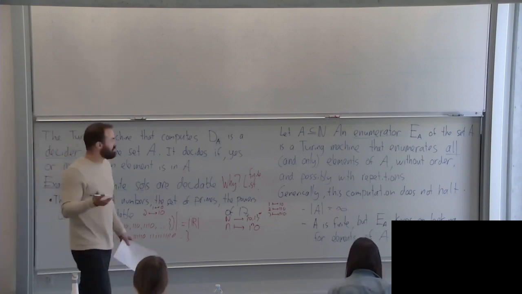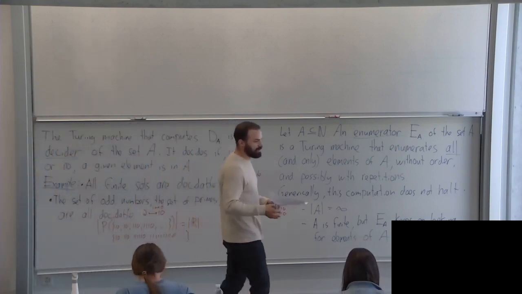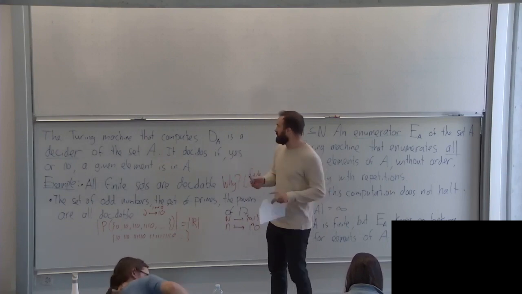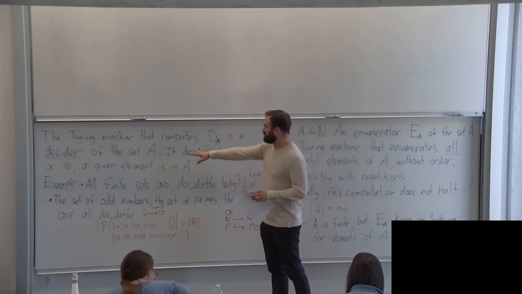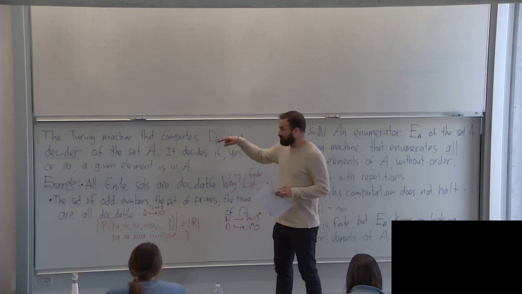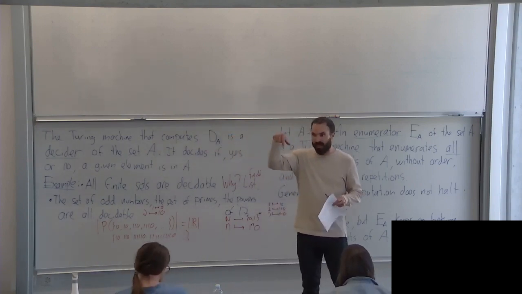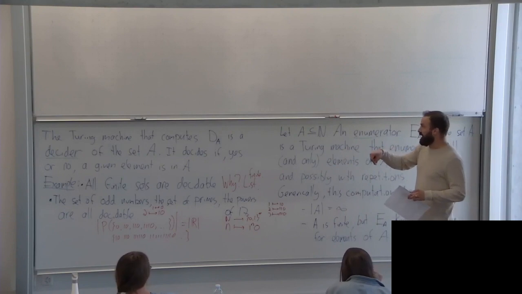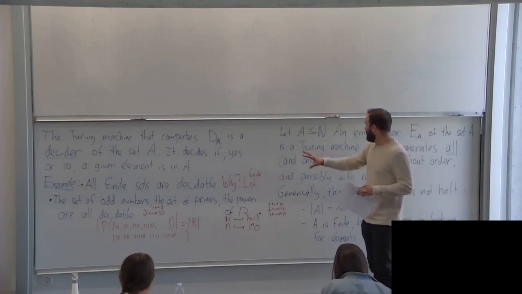We saw that computable sets or decidable sets involve a special kind of Turing machine, which we have called a decider. It's a Turing machine that expects an input n and says yes or no on whether n is an element of A, the set that I'm deciding.